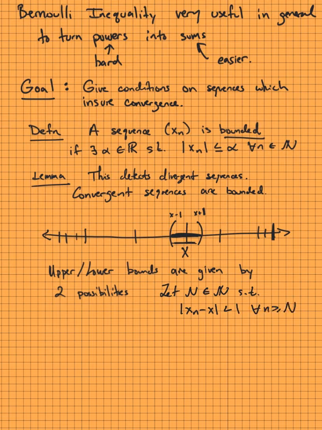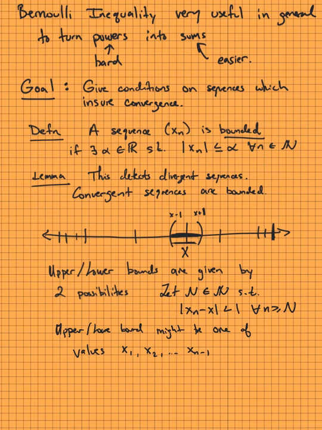So one of the upper and lower bounds could be just realized, so the upper or lower bound might be one of the previous values. So one of the values x1, x2, up through x(N minus 1). Okay?